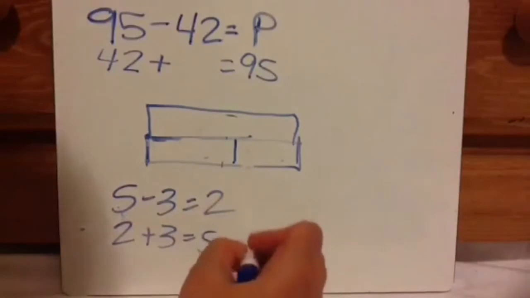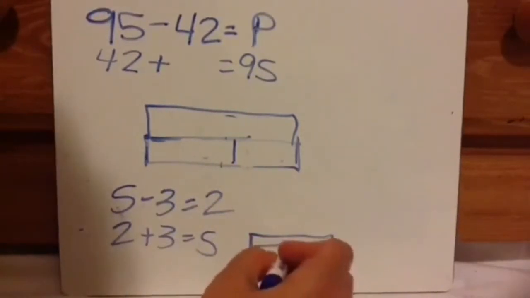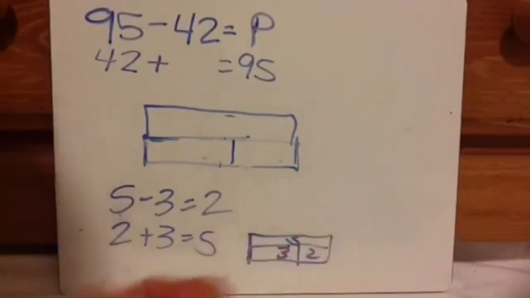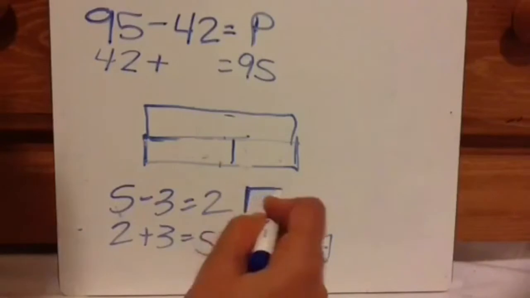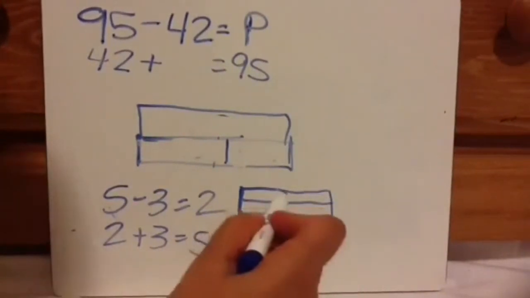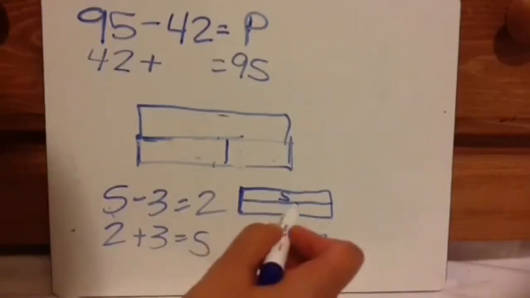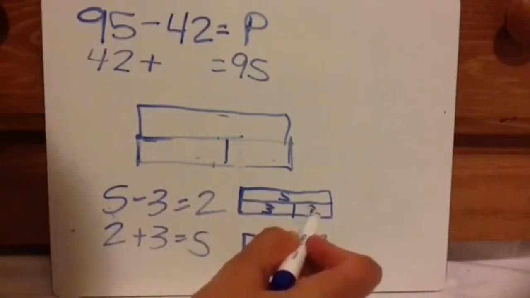So your addition representation would be 3 and 2 equals 5. Does that make sense? So my subtraction representation would still be 5 up here. I'm taking away 3. What's my answer?